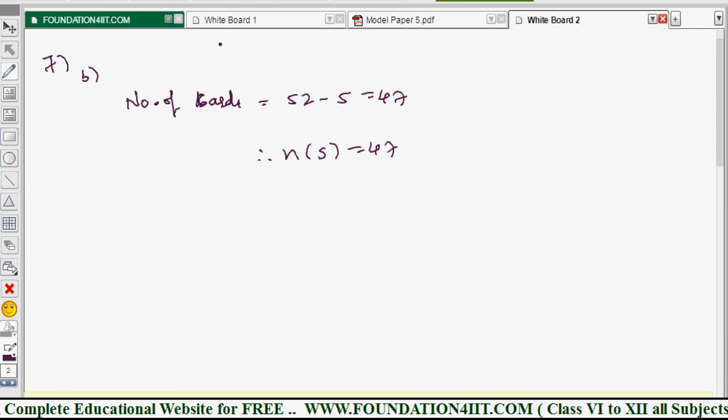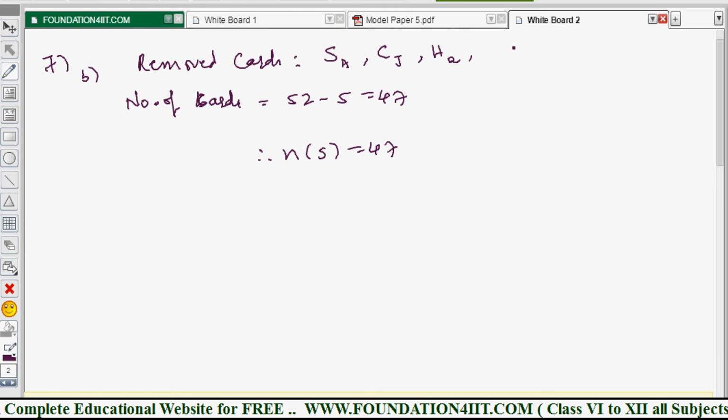Let me write the removed cards also. Removed cards are ace of spade, jack of club, queen of heart, and both red kings.